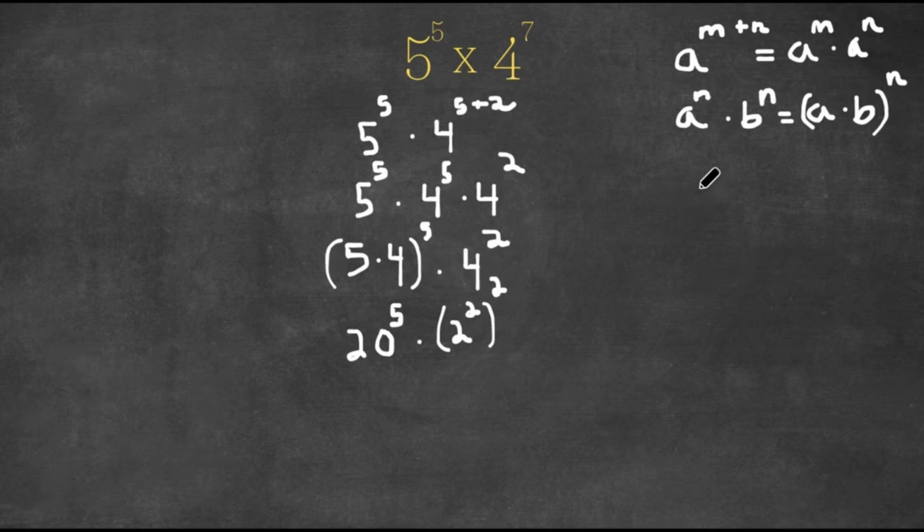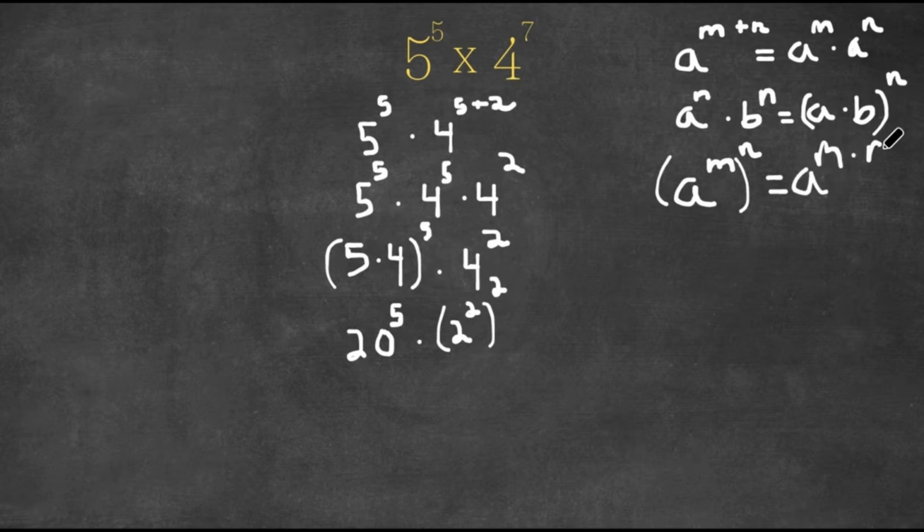Now, this is actually another exponential property: if we have a to the power of m to the power of n, this is equal to a to the power of m times n.